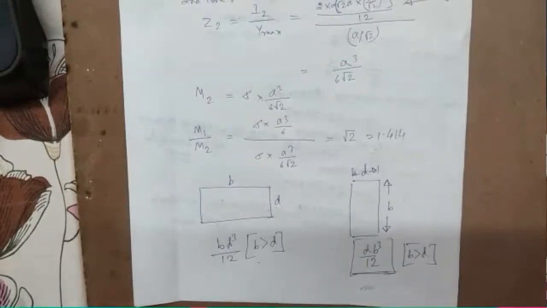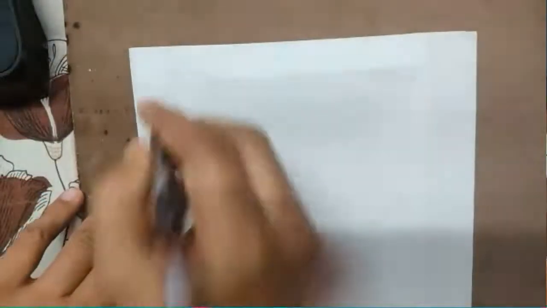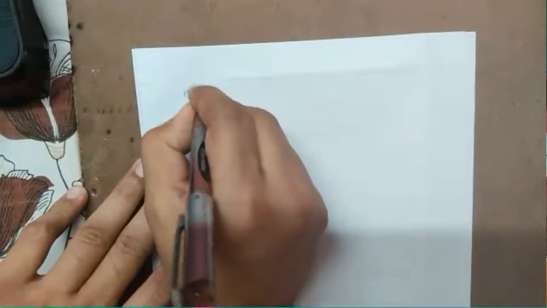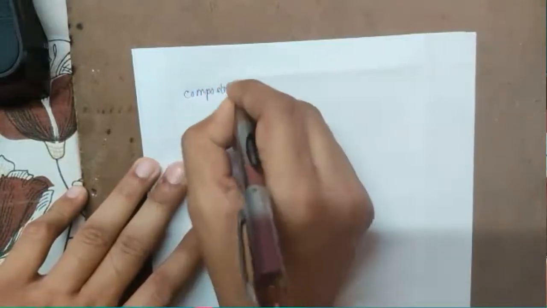Now we'll go forward and learn composite beam or flitched beam. This means basically when you want a very large strength, but the material you have is not much stronger.